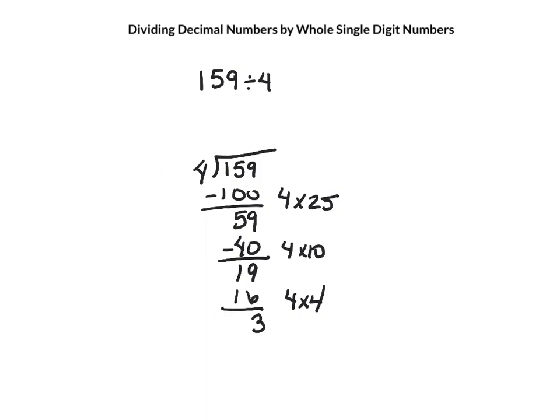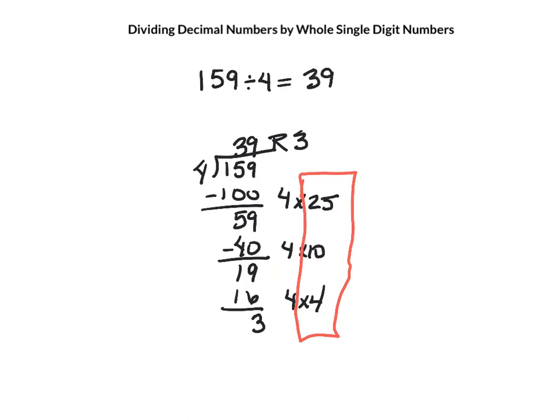And then I look at all of the numbers that I used to group my 4s, and that's 25 plus 10 plus 4, which is 39, with a remainder of 3. So 159 divided by 4 is equal to 39 with a remainder of 3.